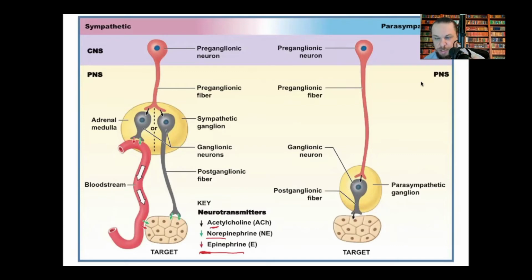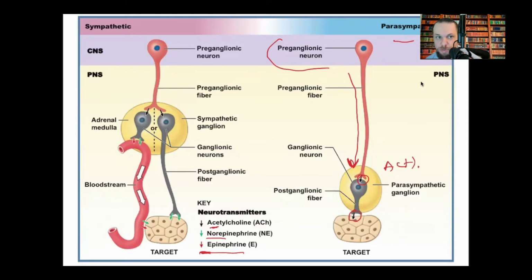So let's go to the ones on the parasympathetic side. The preganglionic neuron that comes all the way to the parasympathetic ganglion is going to carry acetylcholine, and the release here is also acetylcholine. You notice it's a black arrow and a black arrow, both being acetylcholine on its target sites. So on the parasympathetic side, the preganglionic and the postganglionic neurons both have acetylcholine as the neurotransmitter.